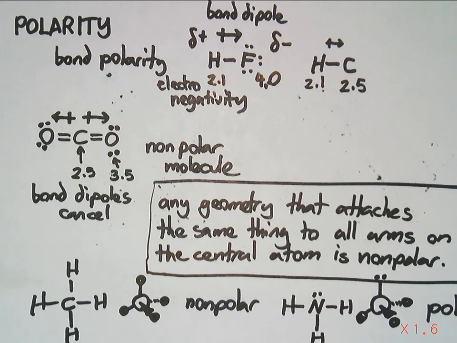If the bond dipoles are pulling against each other and they're all of equal strength, then it's going to be nonpolar. If they're pulling against each other and they're not of equal strength, then it's going to be polar. If they're pulling with each other, then it's going to be polar.